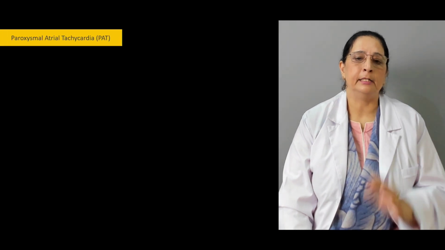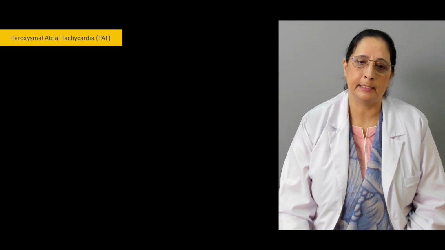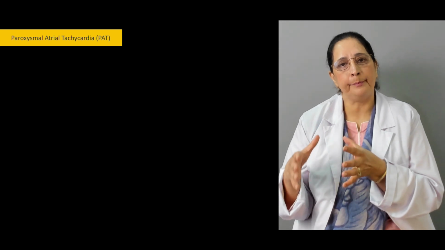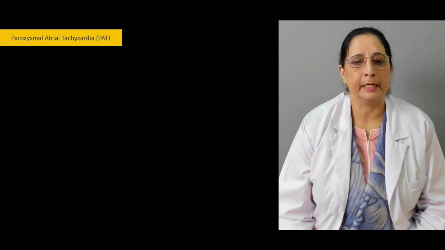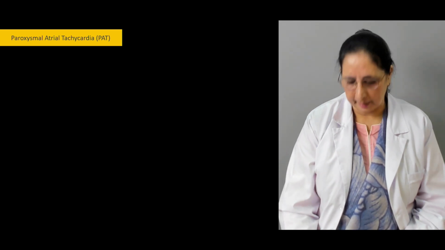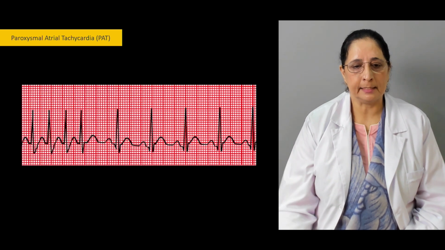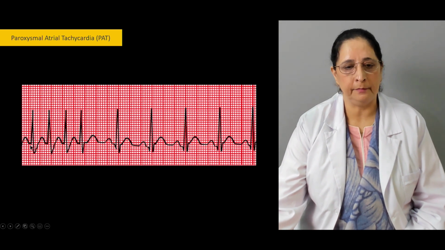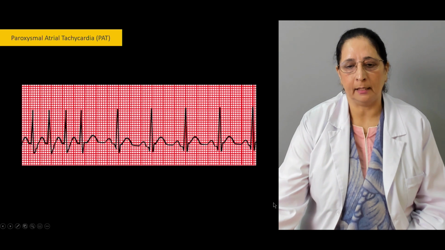Then we have another condition known as paroxysmal atrial tachycardia. Paroxysmal means occurring in episodes, an episodic type of tachycardia: paroxysmal atrial tachycardia, PAT. So that's the appearance of the EKG with paroxysmal atrial tachycardia.